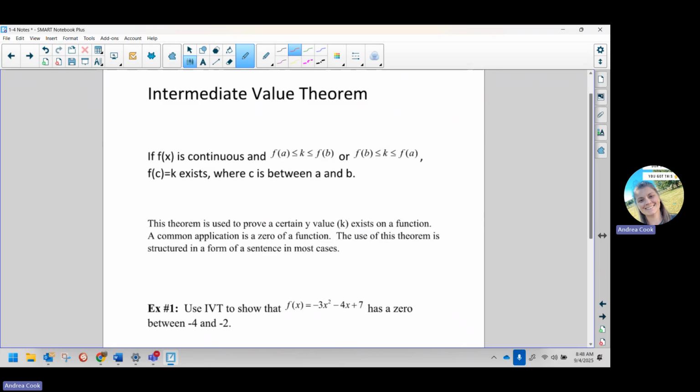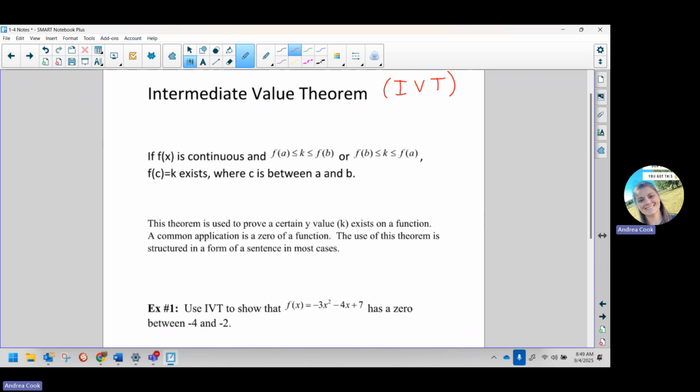Our next big theorem is the intermediate value theorem, which we usually abbreviate as IVT. So what does it say?